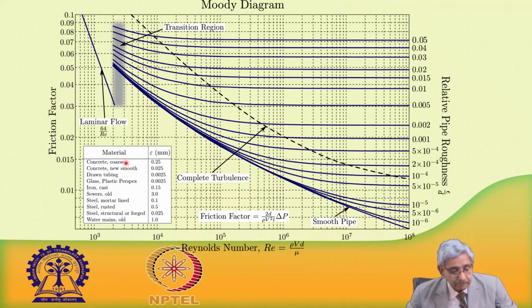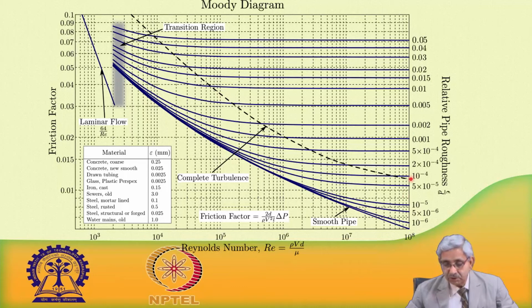Here the friction factor is estimated by taking a particular type of pipe material which has a certain resistance, that is the roughness value. So, this epsilon is the roughness value for different types of pipe material, and then the relative pipe roughness is given by epsilon by d.